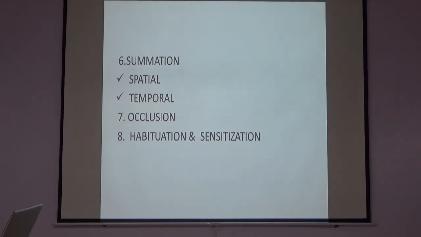And when the peripheral zone of a neighboring afferent neuron overlaps, what happens? Facilitation occurs. And then the last is habituation and sensitization.